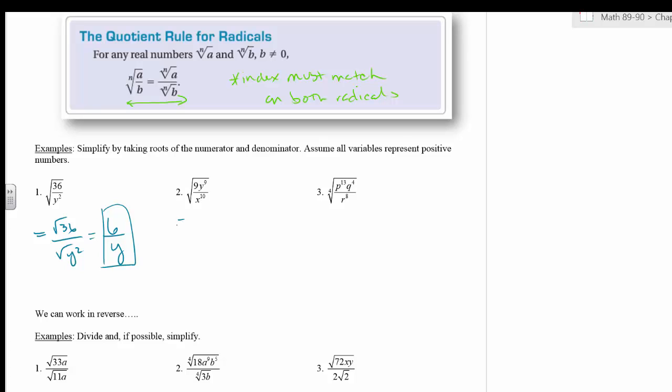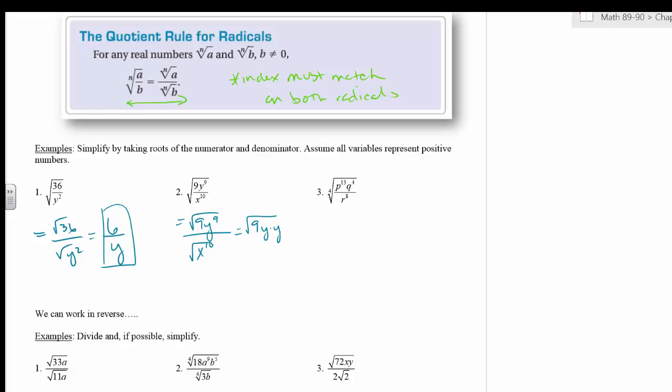For number 2, when we split up the numerator separate from the denominator, we have the square root of 9y to the 9th over the square root of x to the 10th. Well, for the square root of 9y to the 9th, we look at the coefficients separate from the exponents. So the square root of 9 is 3. Let's break down y to the 9th, because it is not a perfect square exponent. You're trying to divide 9 by the index, and 2 does not go evenly into 9.